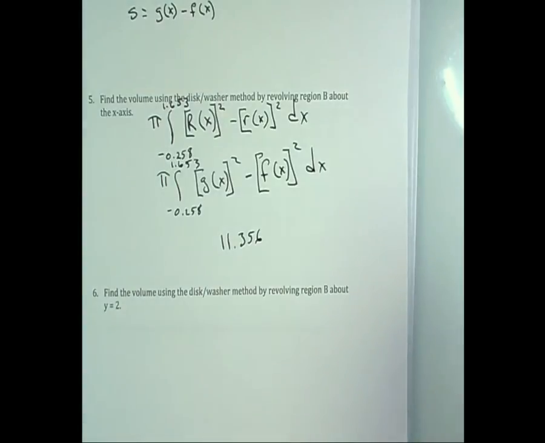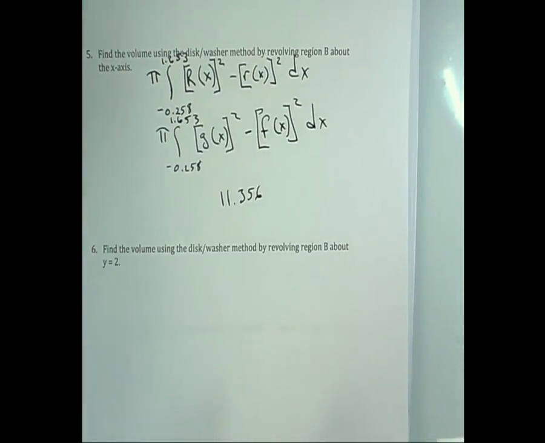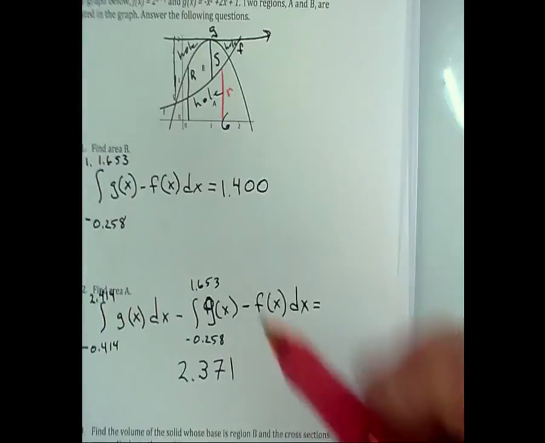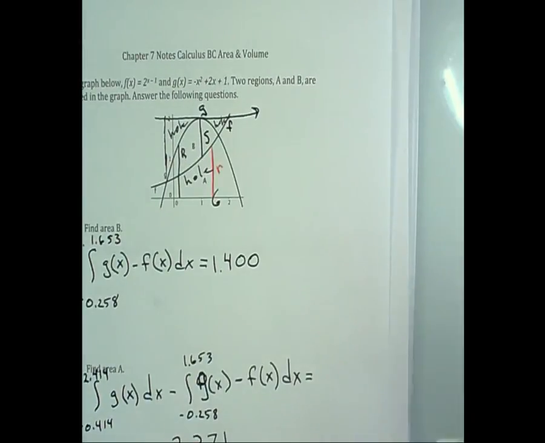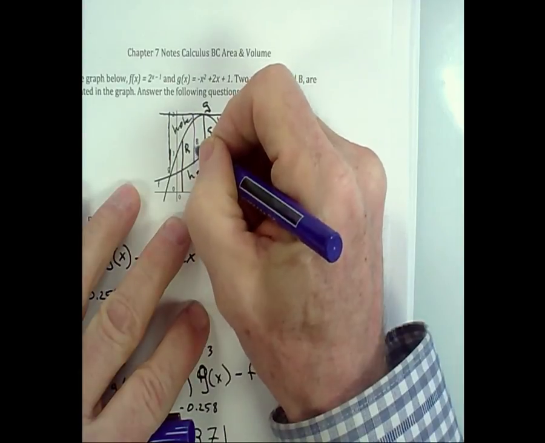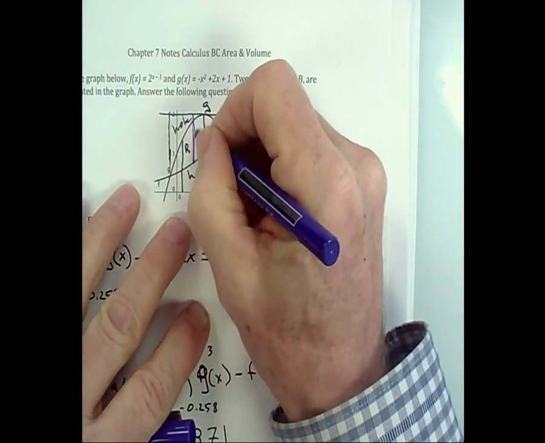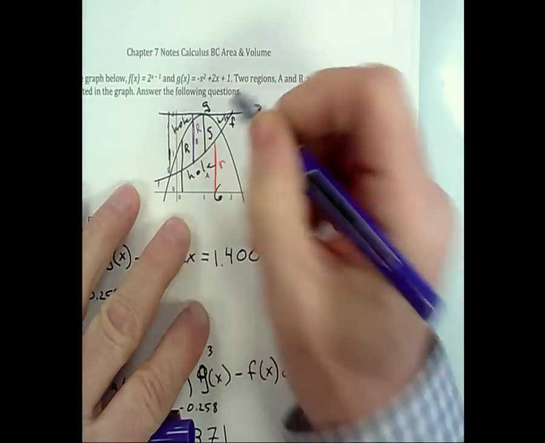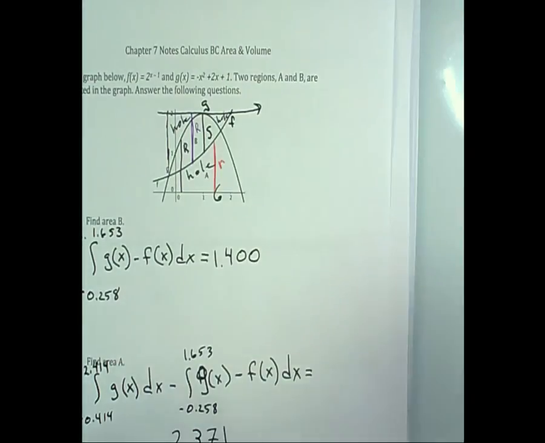So what do you want to do there? Now our big R, you want me to help you out? Our big R looks like this. And then here's our little r.